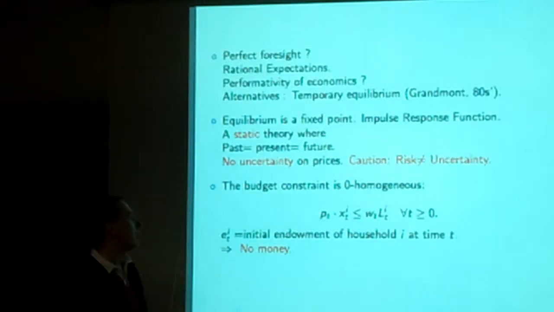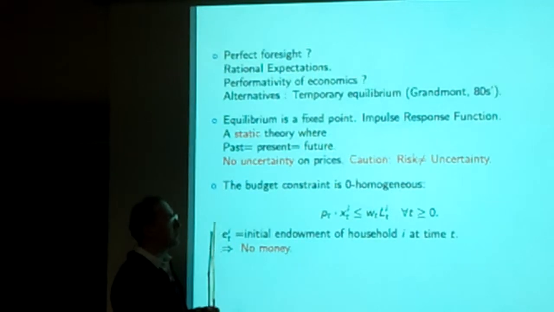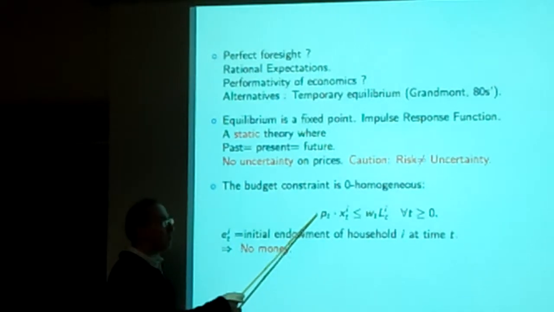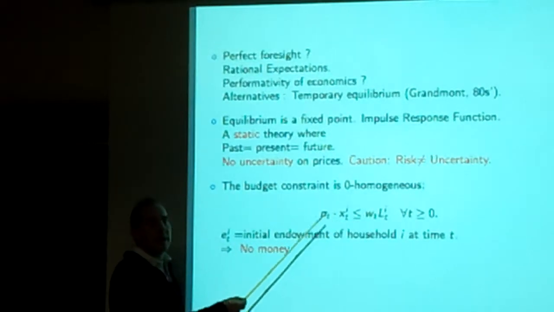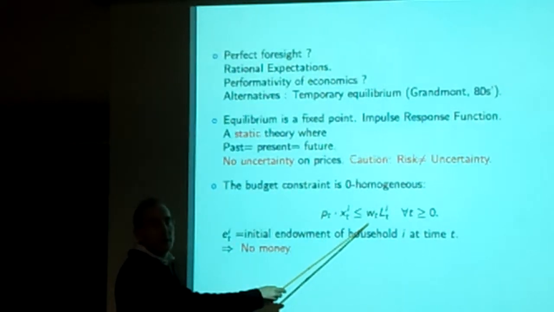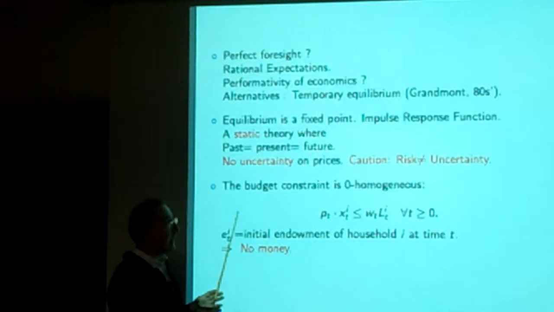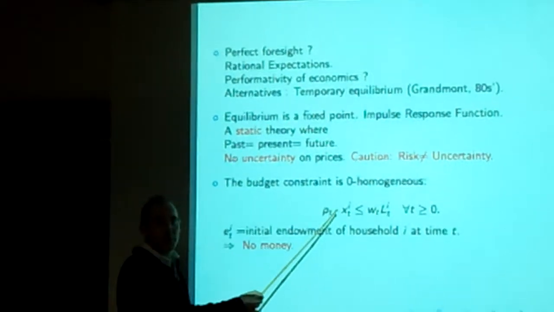Another point which is very important, the budget constraint is usually zero homogeneous, which means if I multiply prices and wages by 2, it doesn't change anything. You realize this here, okay? Everybody agrees? If I multiply prices and wages by 2, this is the constraint, remember, this is the budget constraint.